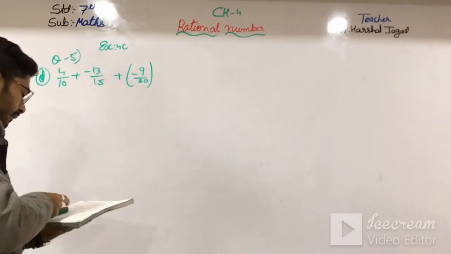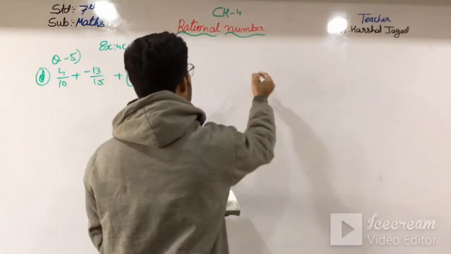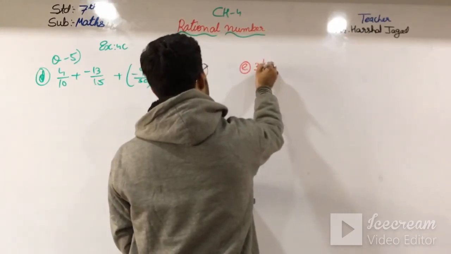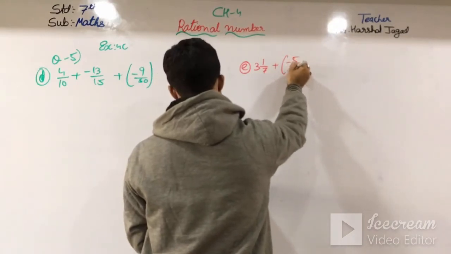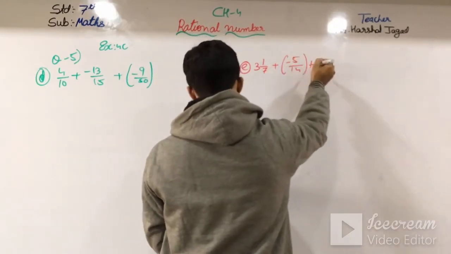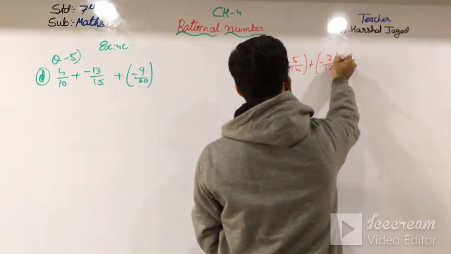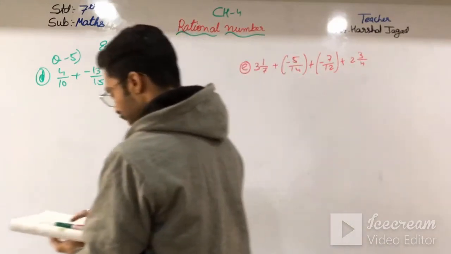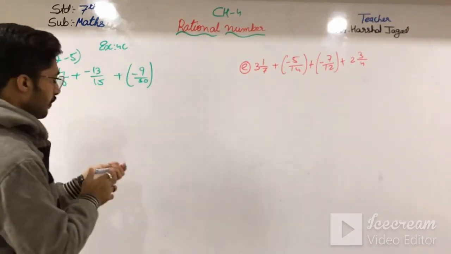And the other one, part E, that is 3 1 by 7 plus (minus 5 upon 14) plus (minus 7 upon 12) plus 2 3 by 4. So from question number 5 we will solve these two. Okay, and first of all, solving this one.